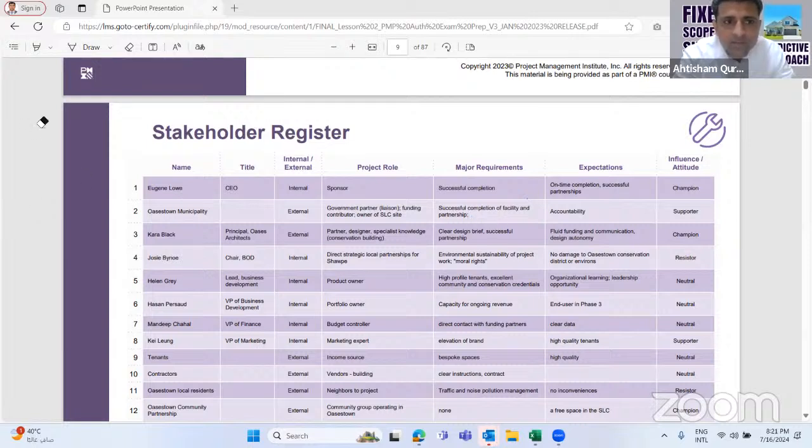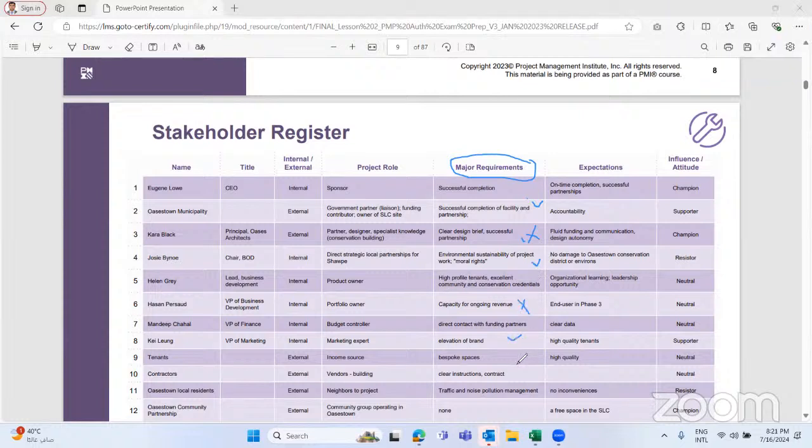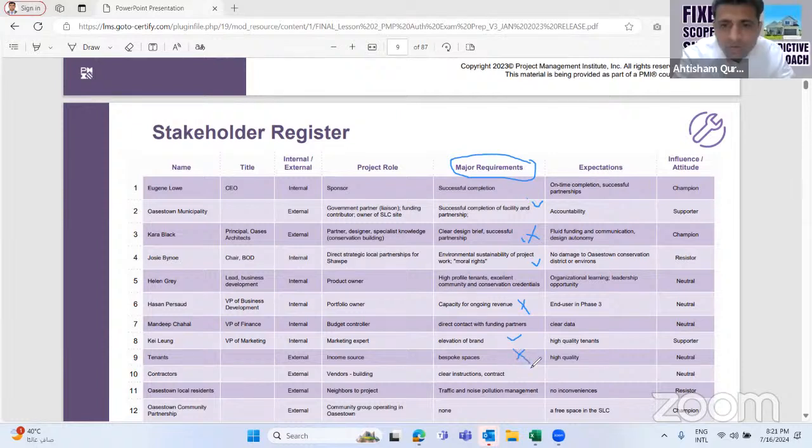And so on. There could be many other stakeholders as well, and they could have conflicting requirements. Sometimes these requirements could be conflicting. This person wants something, this person wants another thing. Make sense? These requirements could be conflicting with each other, right? So now it will be very tough for you to manage these stakeholders.